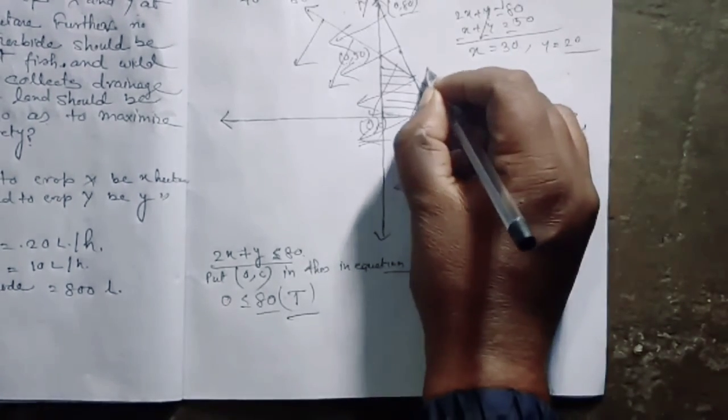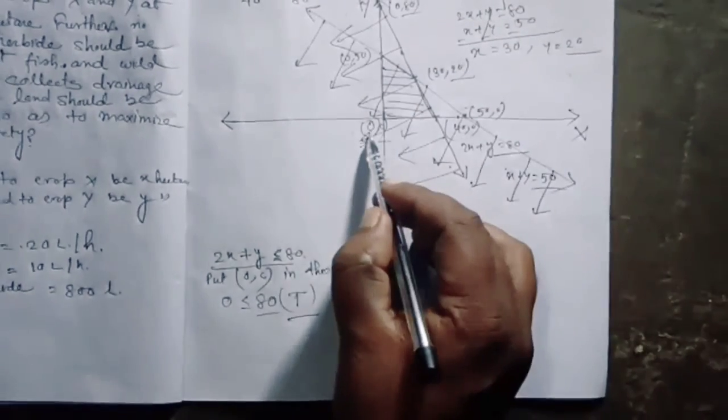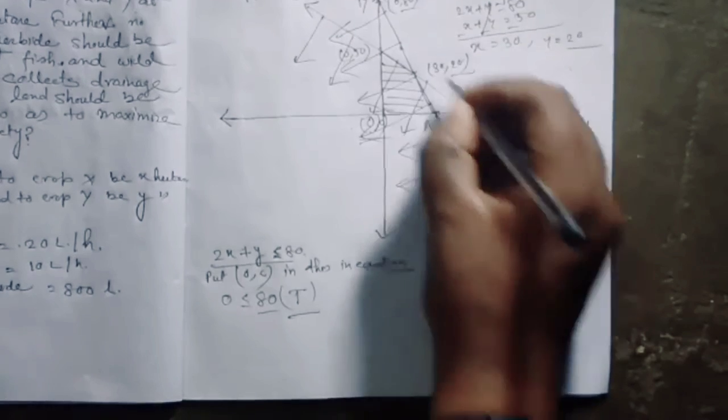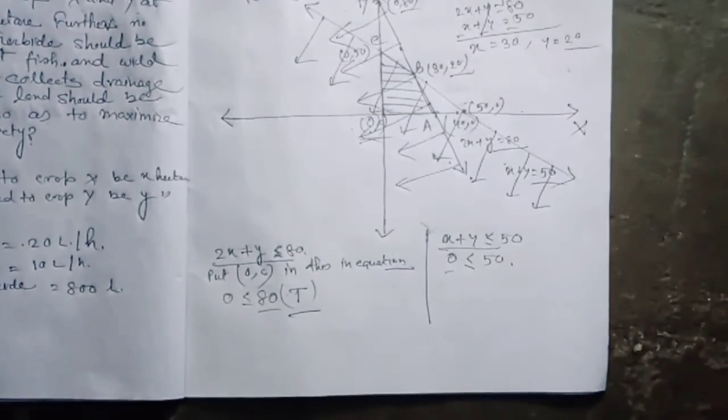So this is 30 comma 20. If we name them, this is O, A, B, and this is C.